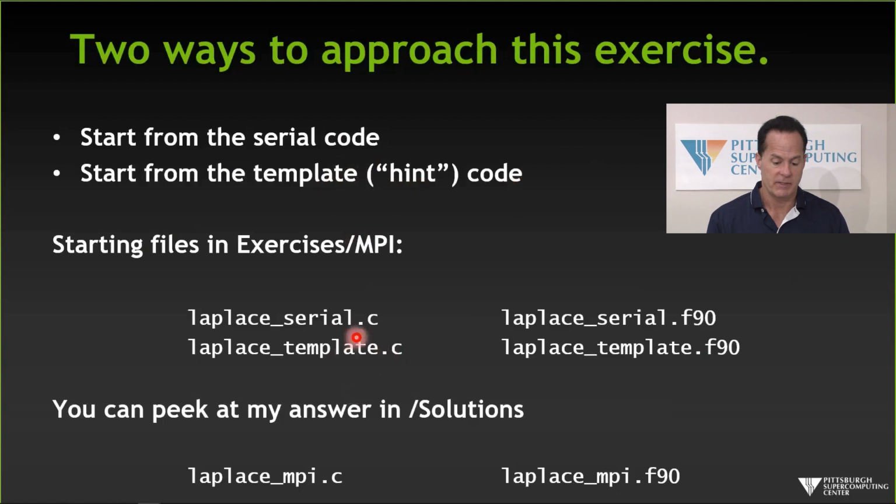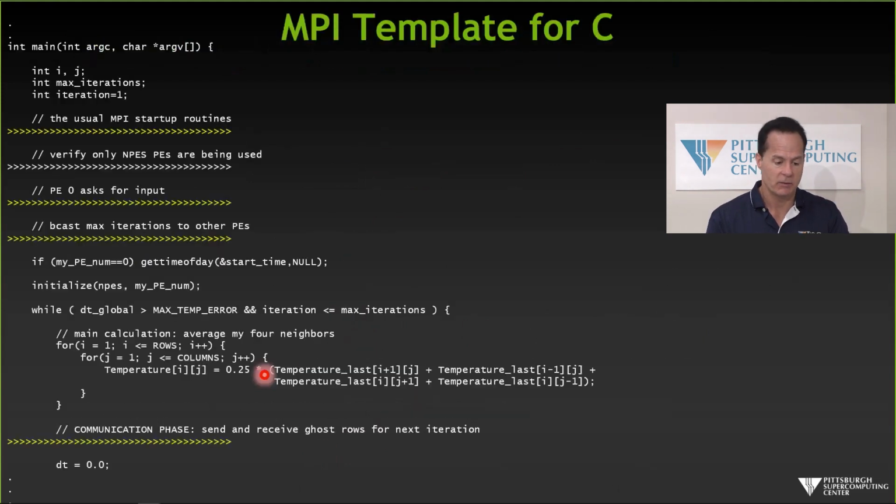So they're all sitting there right now. You've got the serial code in C and Fortran, and the template code. There's also solution code in the solutions, which I urge you to give a good faith effort and not look at. The template codes look like this. They've got these very non-compilable braces in them. They're not color-coded, of course, in the code, but there are these greater than signs in them. So you've got a bunch of greater than signs with some suggestive comments of what you might want to stick in there.